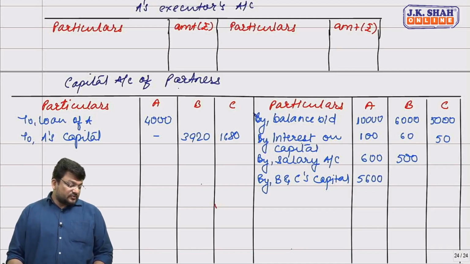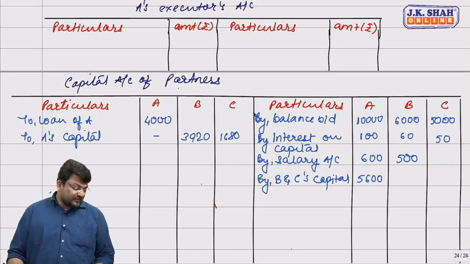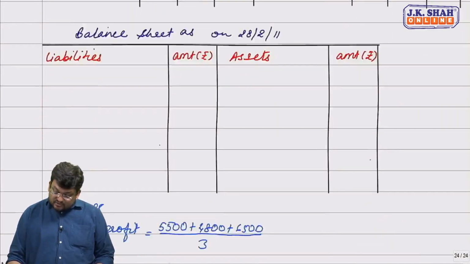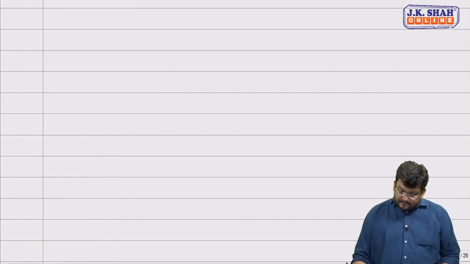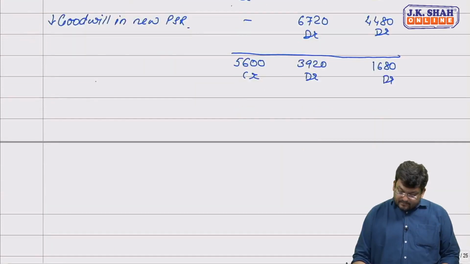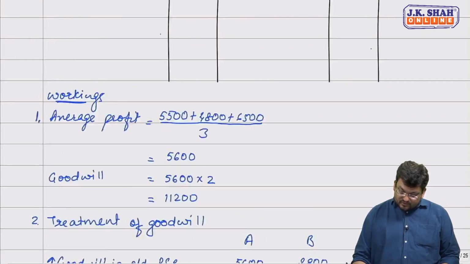Then after treatment of goodwill, A's share was to be paid to his executor, B and C. Sorry, the firm had taken a joint life policy. Let's look at the treatment of joint life policy.